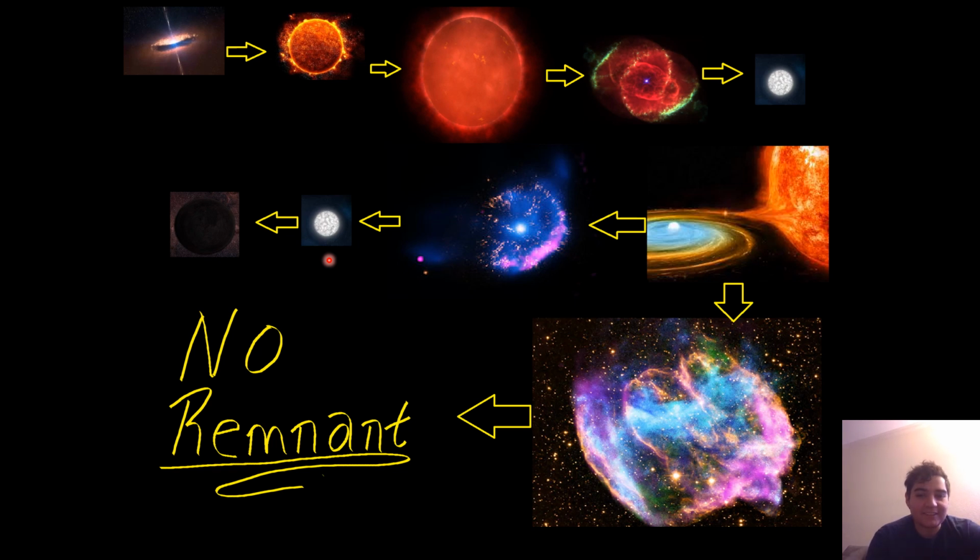If its neighboring star is pushed away from the nova, the white dwarf will become a black dwarf, which is just its core with no luminosity.